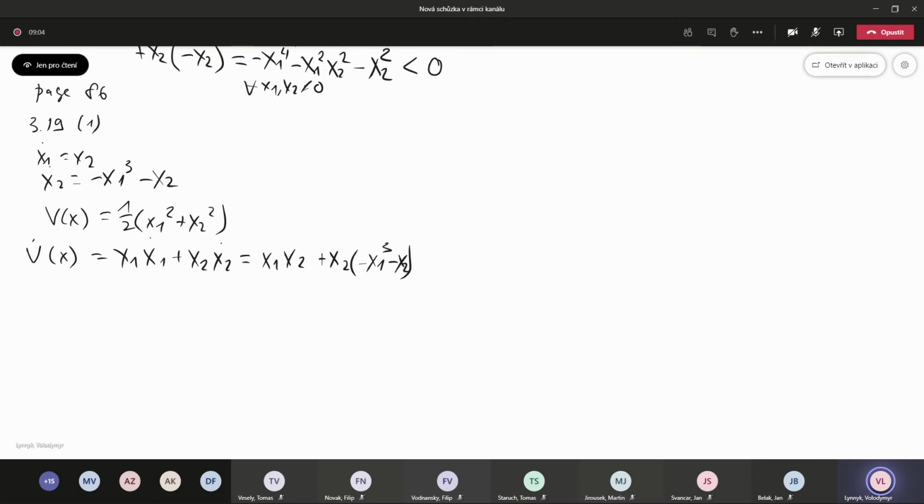Okay, and it's equal to minus x2 squared and minus x1 cubed x2.